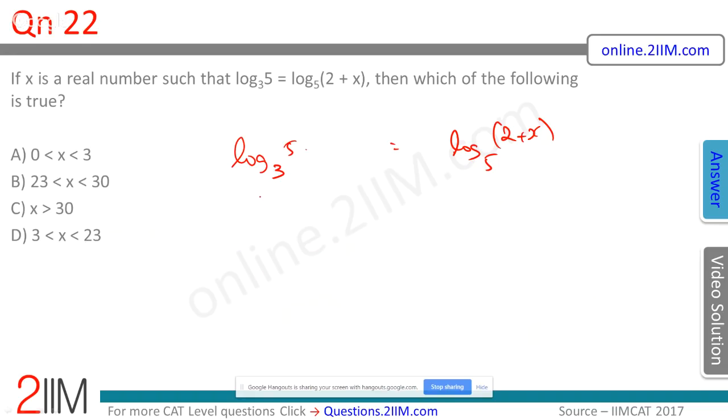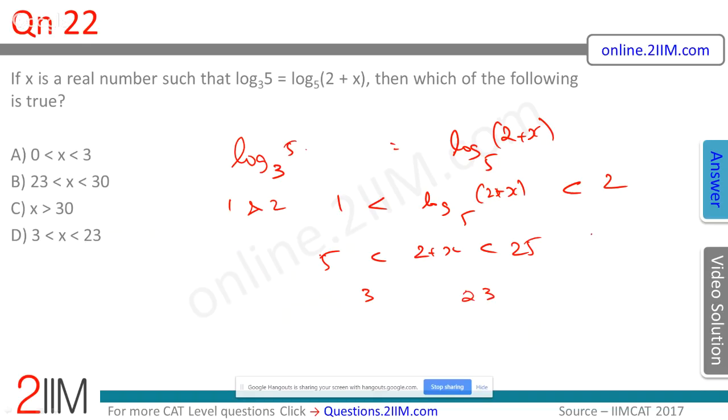This number should lie between 1 and 2, so log of 2 plus x to the base 5 is less than 2, or 2 plus x lies between 5 and 25. It's a starting point. x lies between 3 and 23. Lucky enough that the choice exists. We're done.